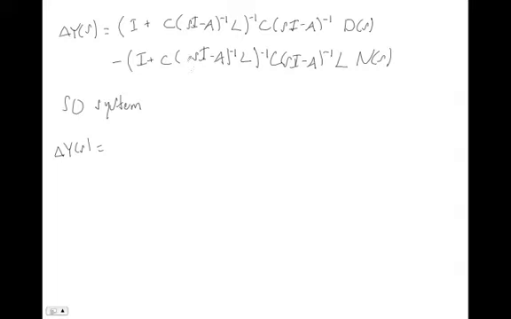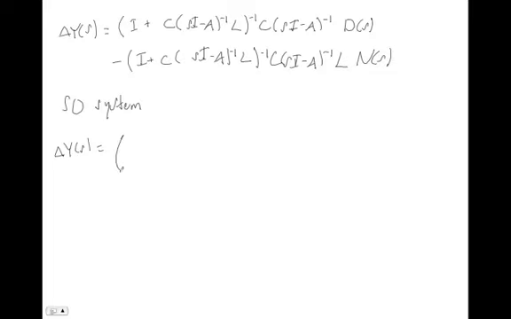So if you think about the dimension of this parameter here, C is now a 1 by n thing, and L is an n by 1 thing. So this becomes a scalar, and so an inverse just means a divide by.